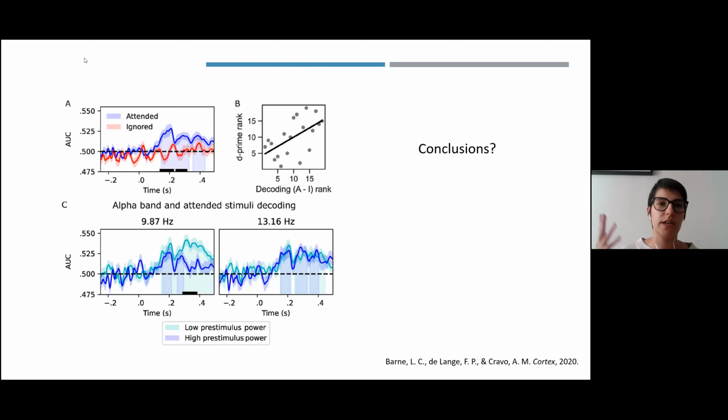So it stays there more time than when you have a higher alpha power. And I don't know if you noticed, but it's a kind of extreme way.